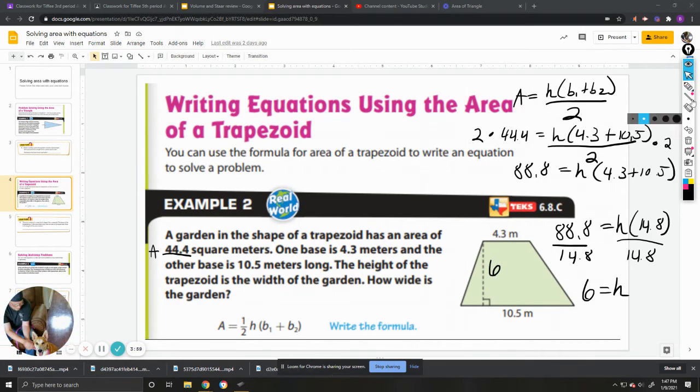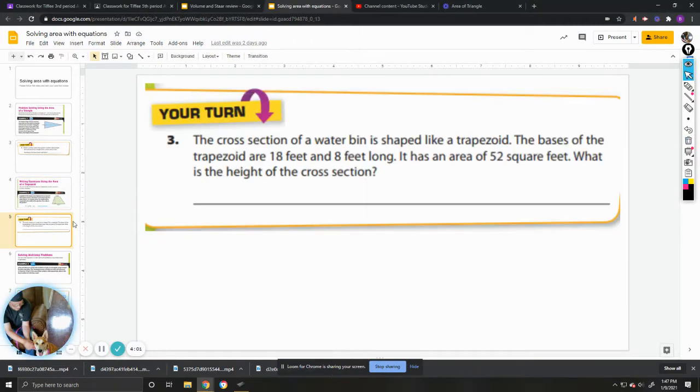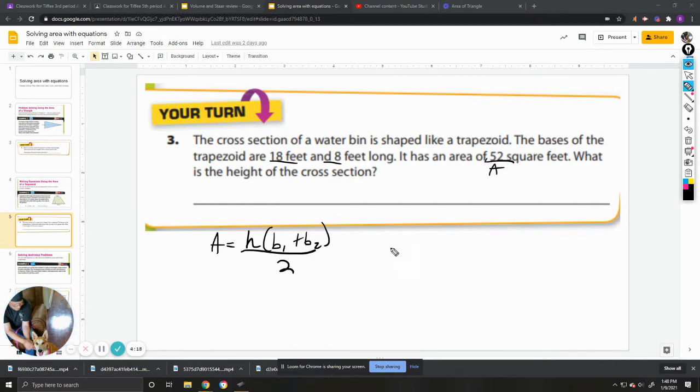All right. Let's do another one together. Again, this one's going to be a trapezoid. The area formula for a trapezoid is this. It says the bases of the trapezoid are 18 and 8 and the area is 52. So this is your area. It means you have 52 equals h, which you don't know, times 18 plus 8, divided by 2.